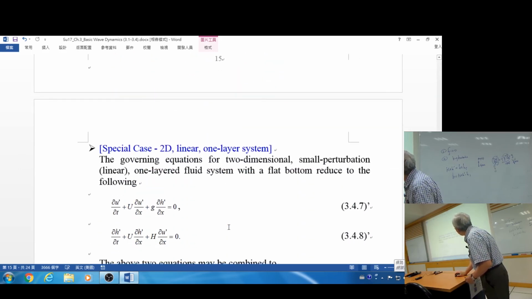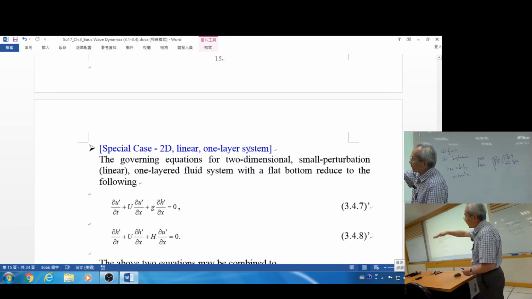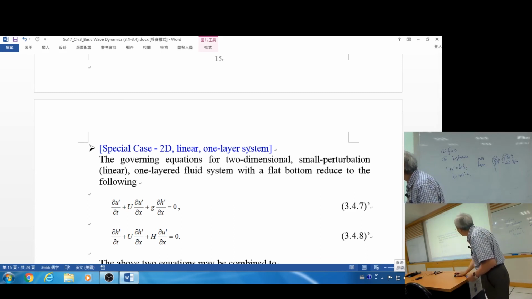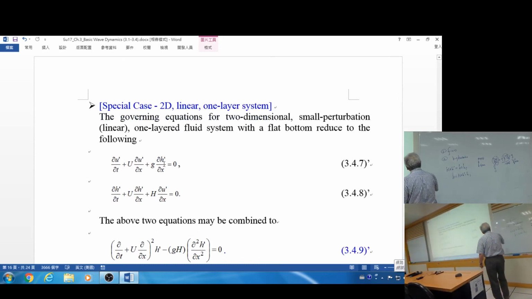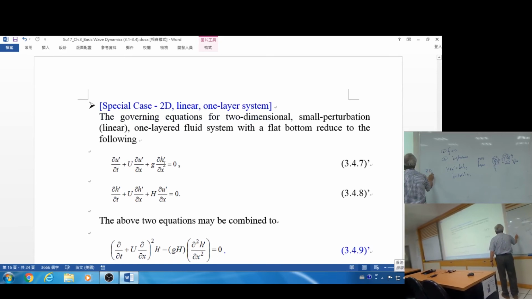Now if we consider a 2D linear one-layer system, that means we don't have 2 layers. Everybody is with the same layer, and then it reduces to this.